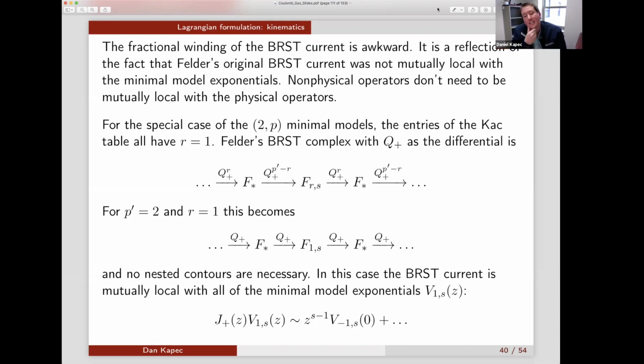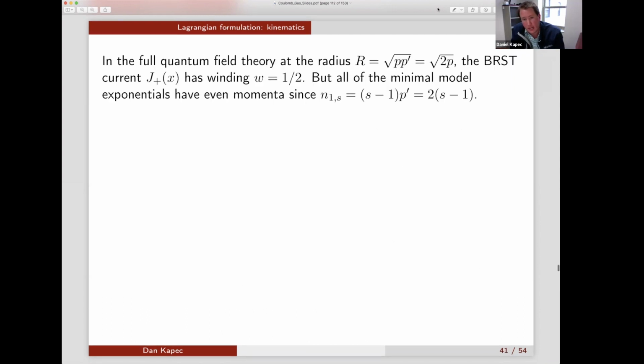This is related to the fact that in these models, J plus is mutually local with all of the minimal model operators. So even though I'm working at a particular radius, in this case square root of 2 times P, and we find that the current has winding 1/2, in this model all of the minimal model exponentials have momenta which are an even number.